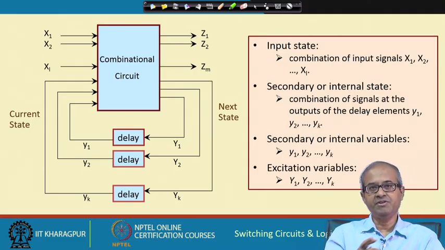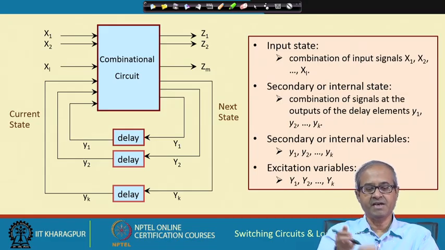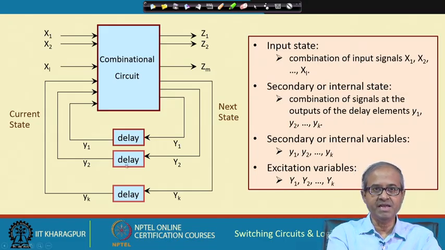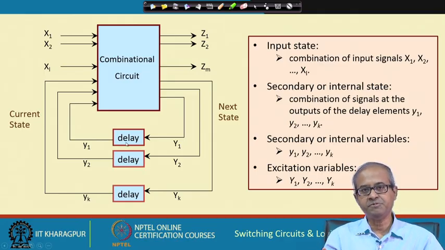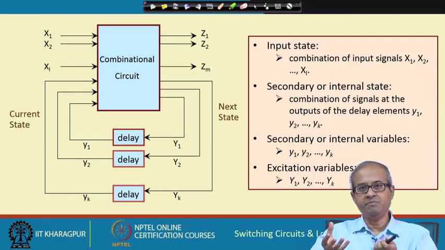This diagram you see on the left is very much similar to what we have seen for a synchronous sequential circuit, but the difference is that in place of these delay elements you see here, there you had flip flops, and the flip flops were triggered by a common clock signal. We said in synchronous circuits that whatever we are storing in the flip flops determines the state of my machine.